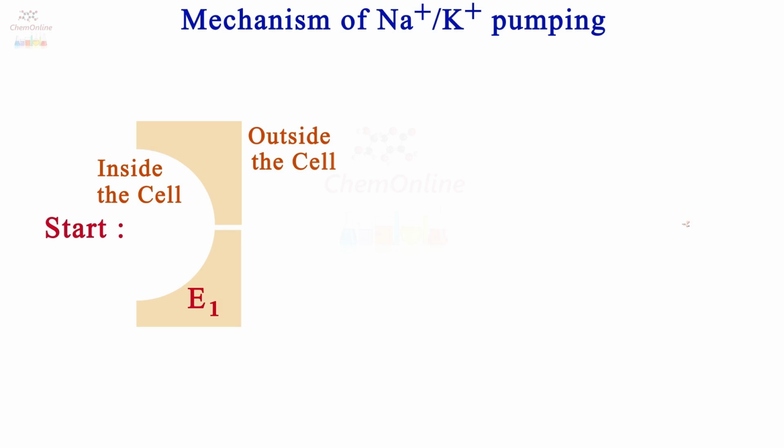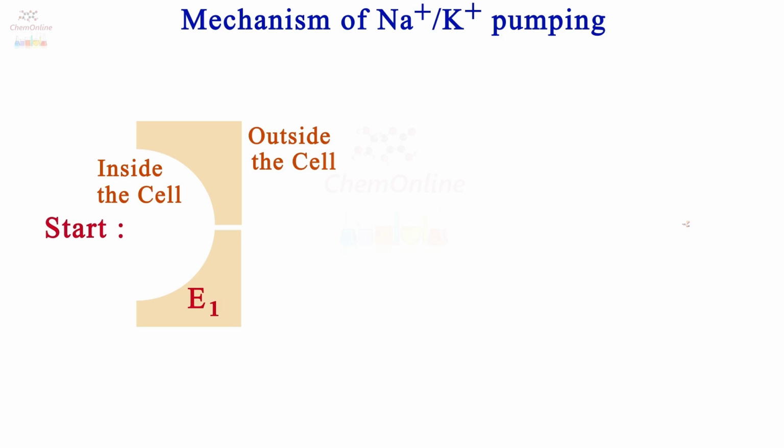Now let's discuss the mechanism of the sodium-potassium pump in detail. Starting from the interior of the cell, E1 represents the membrane-bound enzyme, that is the adenosine triphosphatase ATPase enzyme. E1 has high affinity for sodium ions than potassium ions.